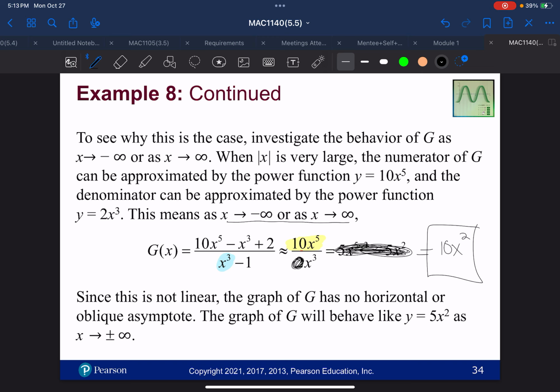And this is not linear, so therefore that graph has no horizontal or oblique asymptote. The end points as x approaches infinity and negative infinity will behave as y equals 10x squared. That's what I believe.